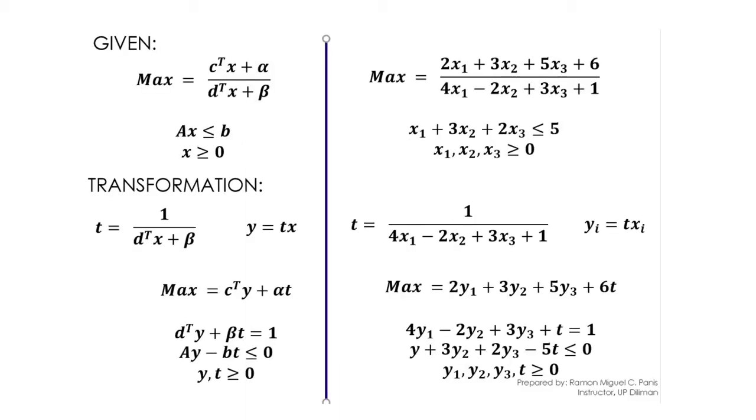On the left-hand side, you will see the transformation, and on the right-hand side, you will see our example. For this example, we will be transforming the fractional objective function max z is equal to 2x1 plus 3x2 plus 6 over 4x1 minus 2x2 plus 1.